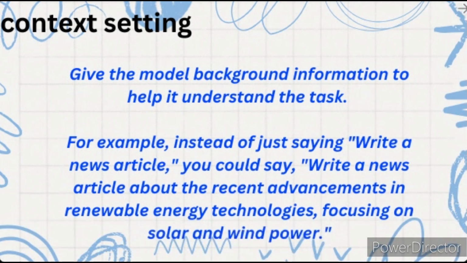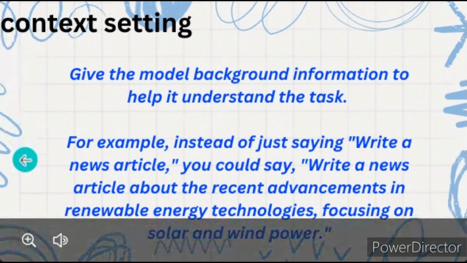For example, instead of just saying write a news article, you could say write a news article about the recent advancement in renewable energy technologies focusing on solar and wind power.